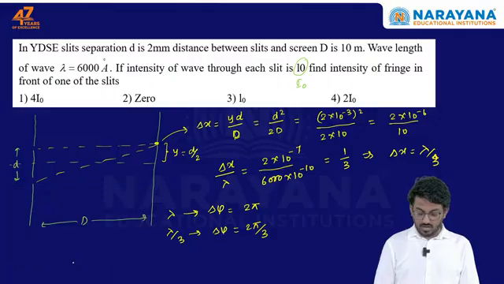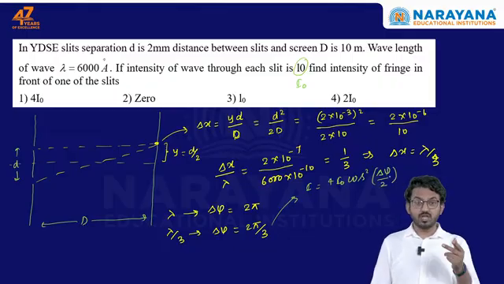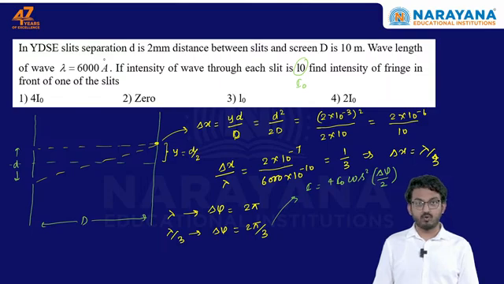Now intensity, we have this relation I is equal to 4 I naught cos square delta phi by 2. Again, this is also a standard result. If two slits have equal intensity, I naught and I naught, so on the screen we have 4 I naught cos square delta phi by 2, so maximum intensity being 4 I naught and minimum being 0.